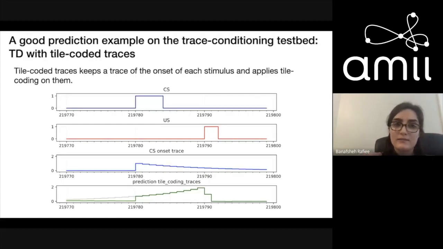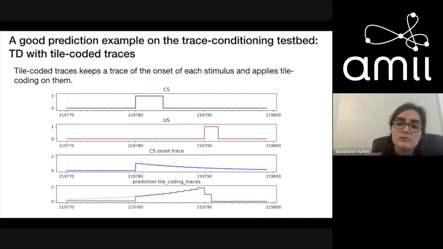We looked at a failure example. Let's look at a good prediction example, which is TD with tile-coded traces. Tile-coded traces keeps a trace of the onset of each stimulus and applies tile coding on them. Here you can see the trace of CS onset in blue.